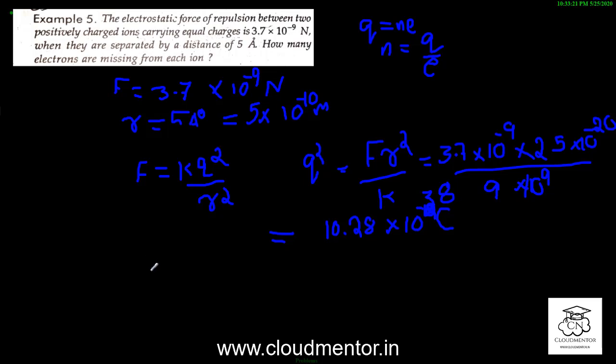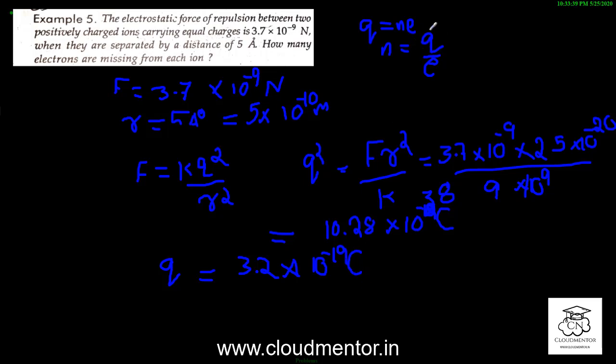Here we need to find not Q², but Q, which will be the root of 10.28 × 10^-38, and that comes out to be 3.2 × 10^-19 Coulomb.